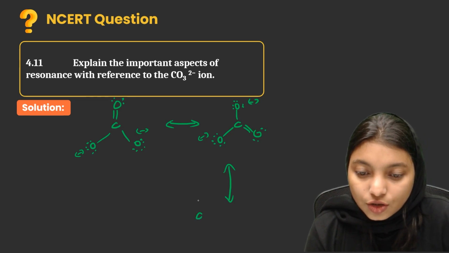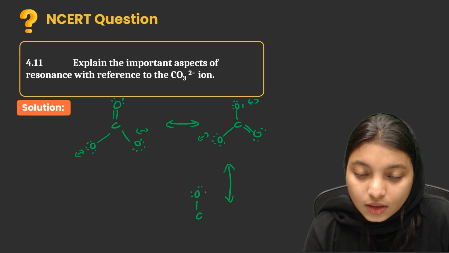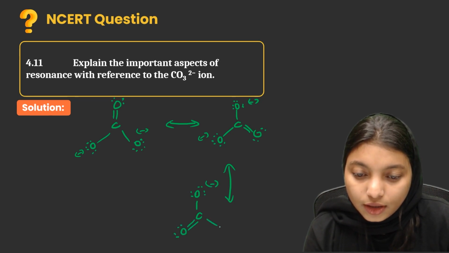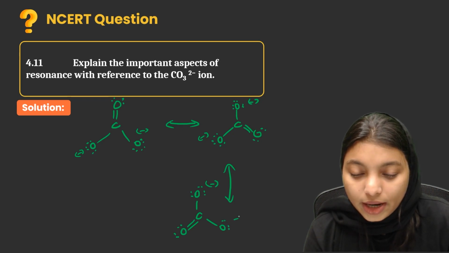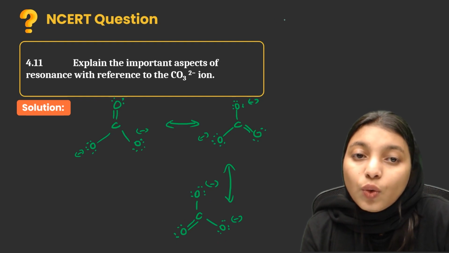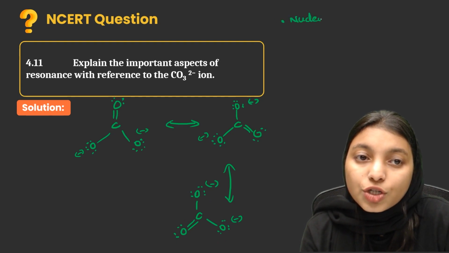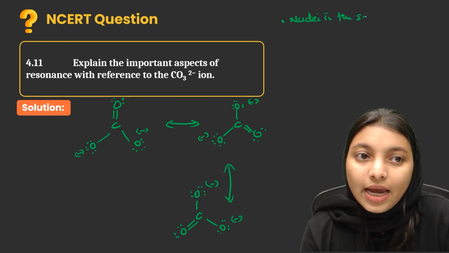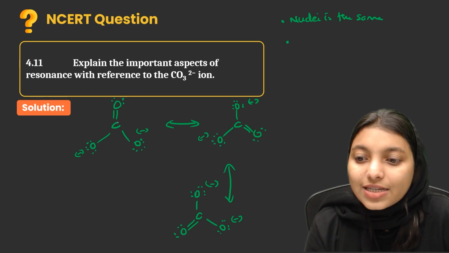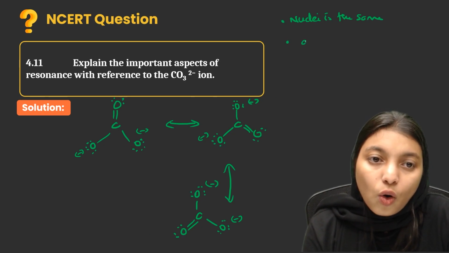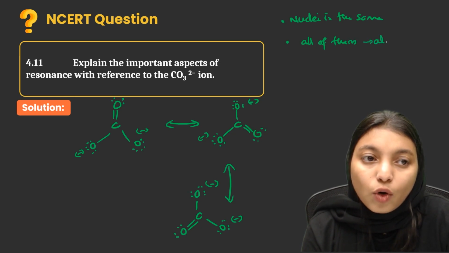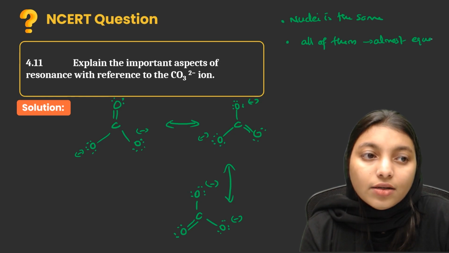So we get the structure like O minus here, double bond here, O minus here. Got it? So in these three structures, the position of the nuclei remains the same. That is the particular criterion of a resonance; the nuclei are not changing. And all of them have almost equal energy.